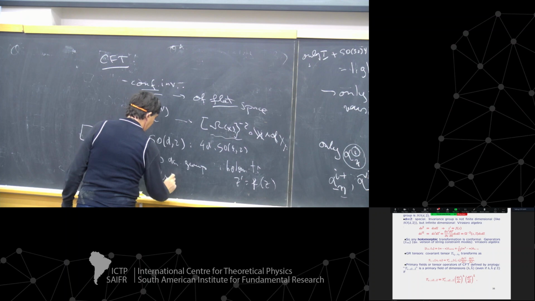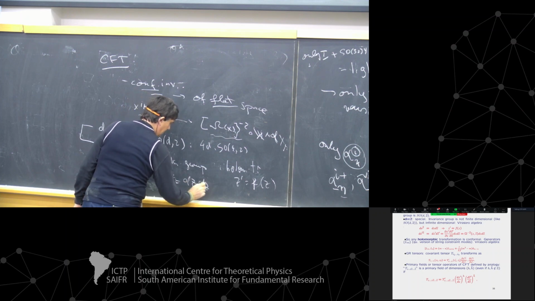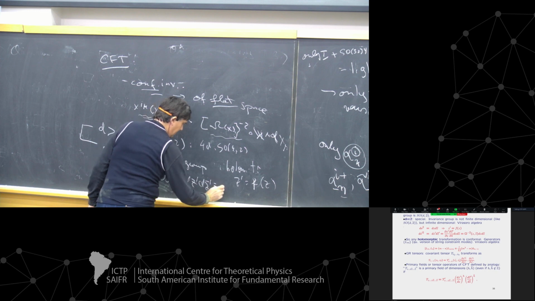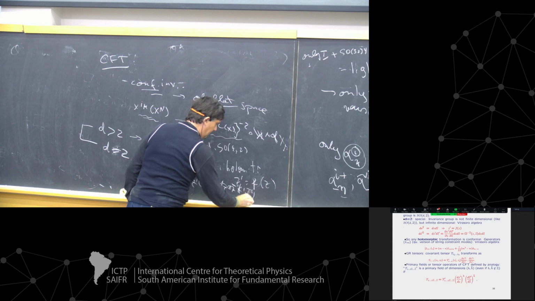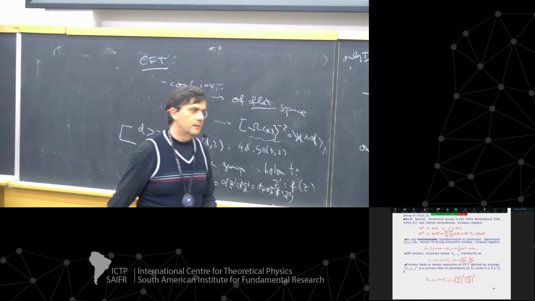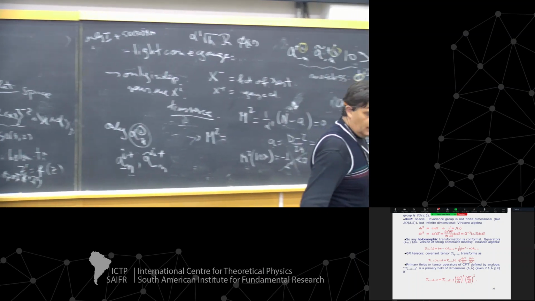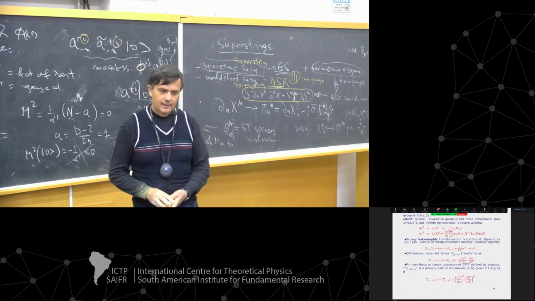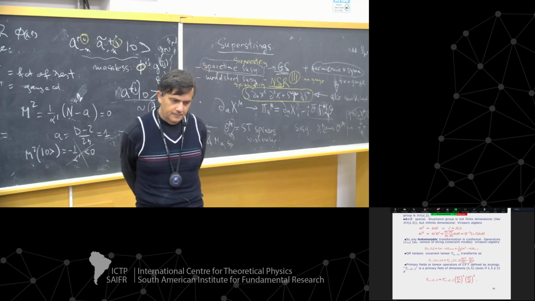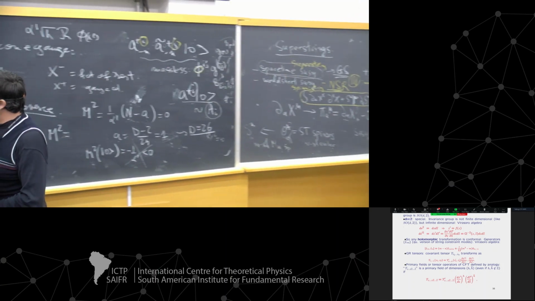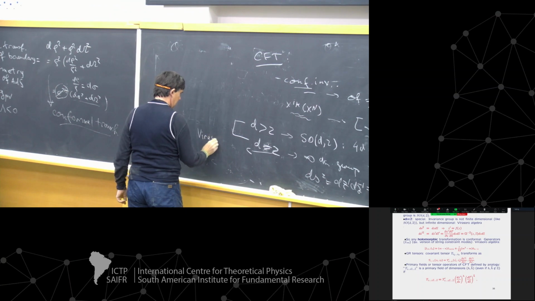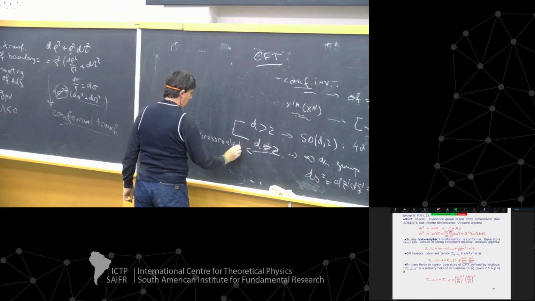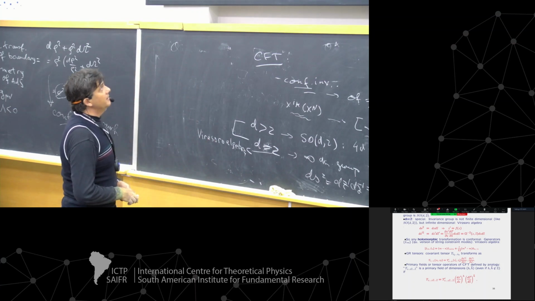So that means that ds squared, which was dz dz bar, becomes dz prime dz bar prime, equal to dz dz bar times f prime f bar prime. And that's our omega squared. And so it's an infinite dimensional group that forms an algebra called the Virasoro algebra, whose form is written there, the commutator.